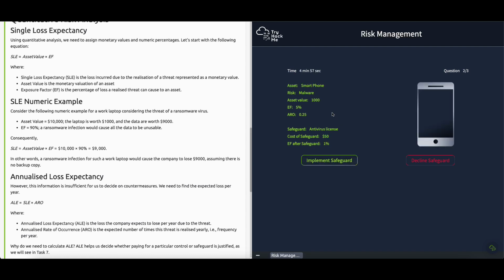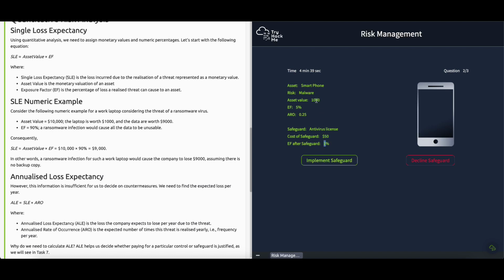Second question, asset value is 1000, exposure factor 5%, annual rate of occurrence is 0.25, cost of safeguard $50, and exposure factor after safeguard is 1%.